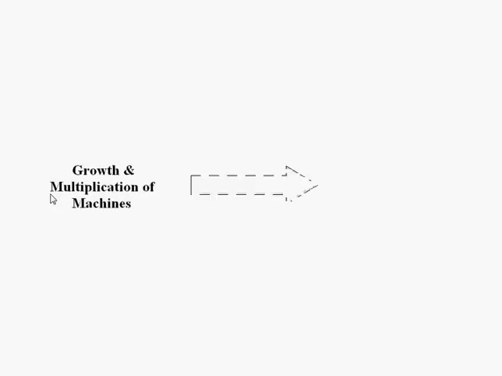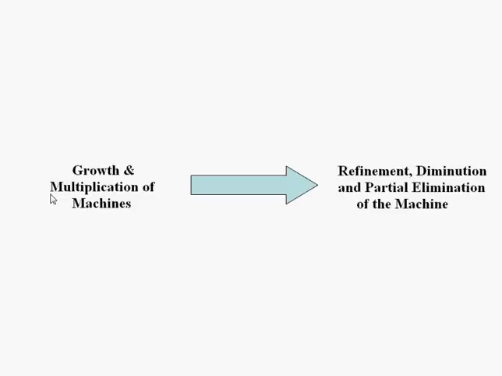Okay, another key idea of this Neotechnic phase: during the Paleotechnic phase we talked about growth and multiplication of machines. During the Neotechnic phase, we're going to look more at refinement, diminution, and partial elimination of the machine.